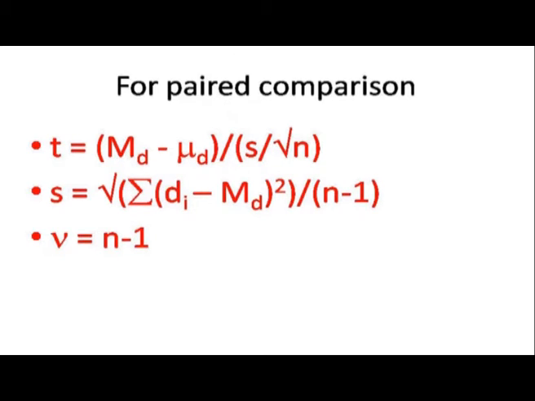Degrees of freedom is n minus 1, because you are having n observations on pairs of observations, control and experimental.